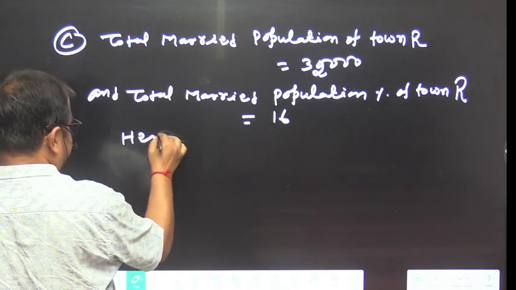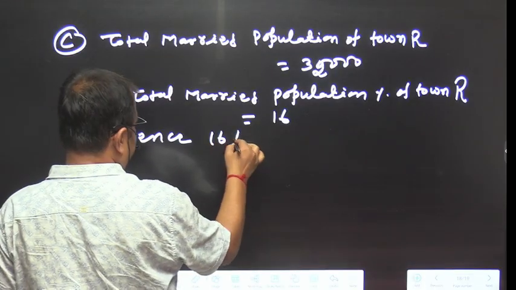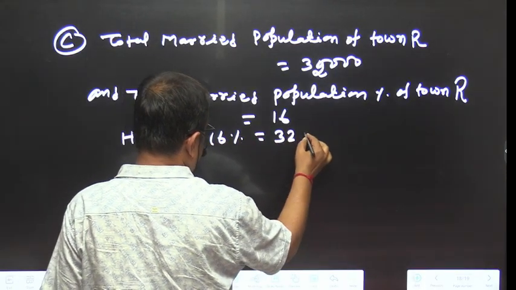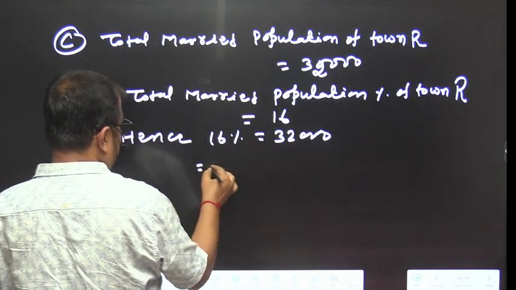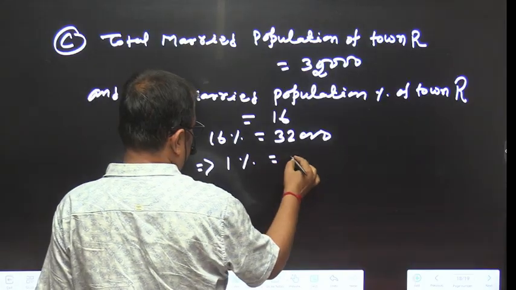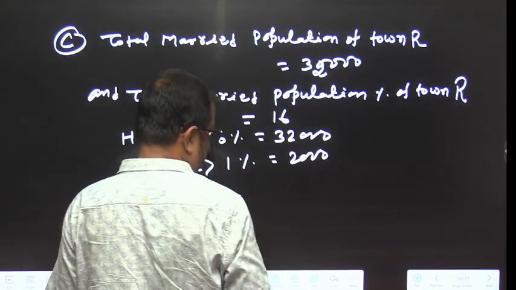Hence 16% equals 32,000, so 1% equals 2000.